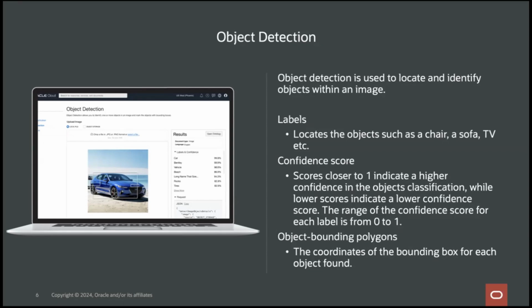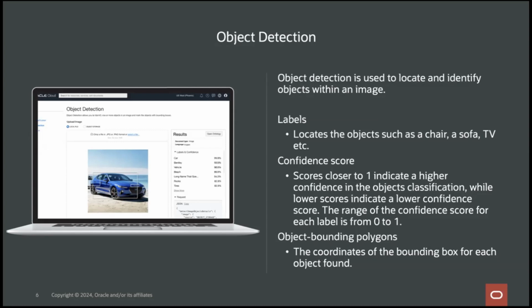It'll also give you a confidence score, which is simply a number between 0 and 1 that shows how much confidence the model has in actually detecting that specific object. If the score is closer to 1, it indicates high confidence that the object is actually the one labeled along with it. If it's lower, then it has a lower score for that detection.